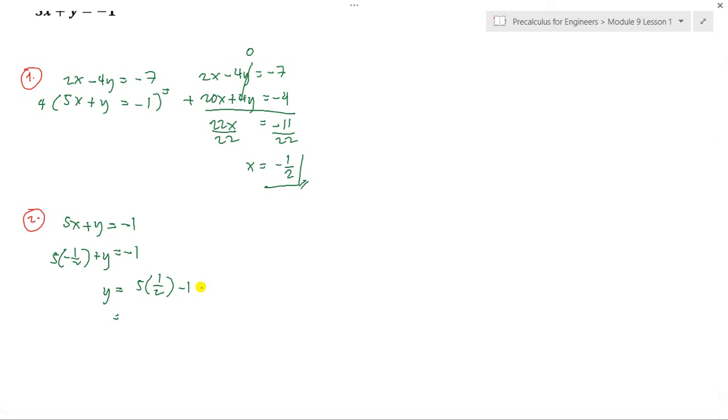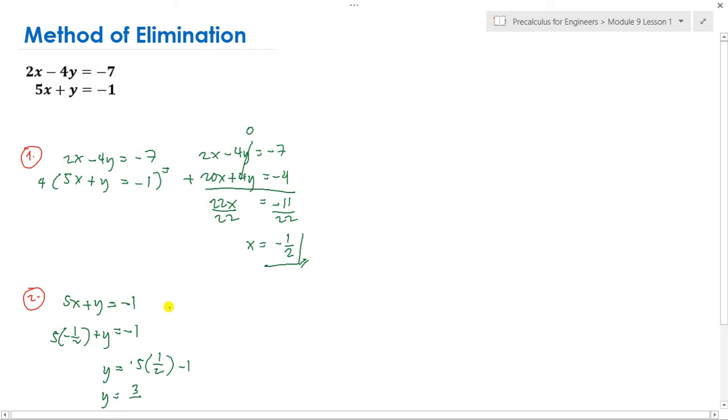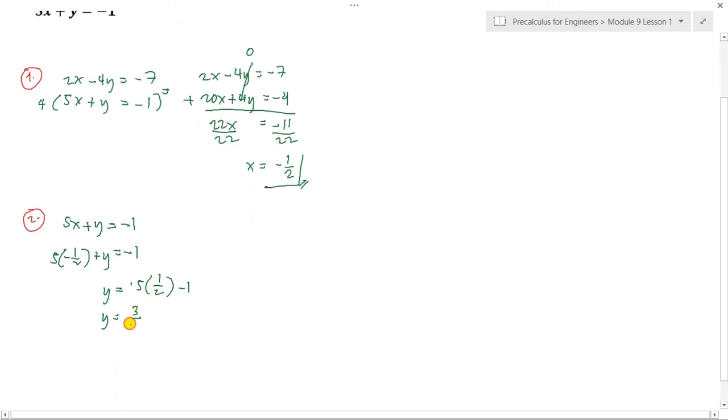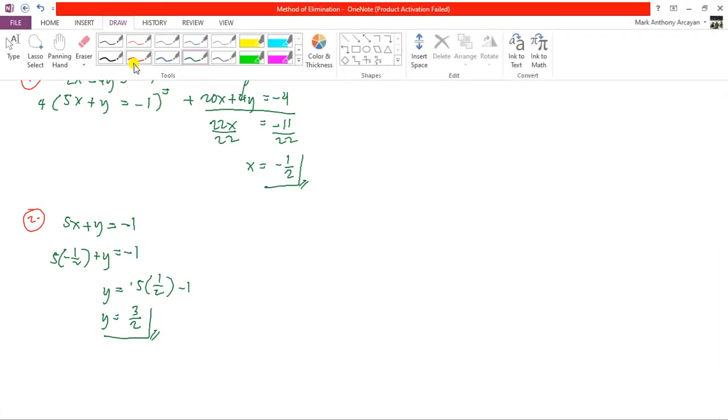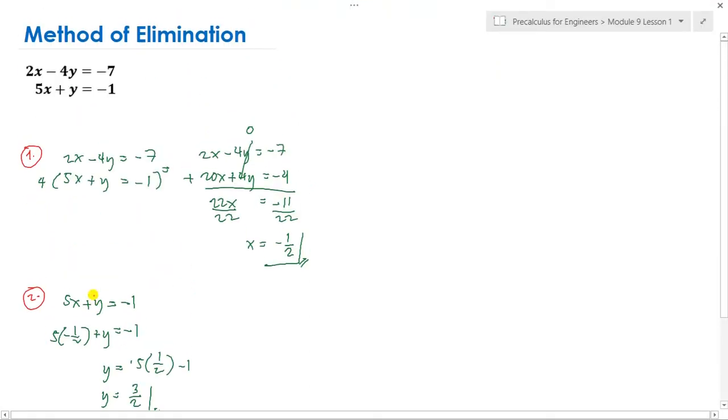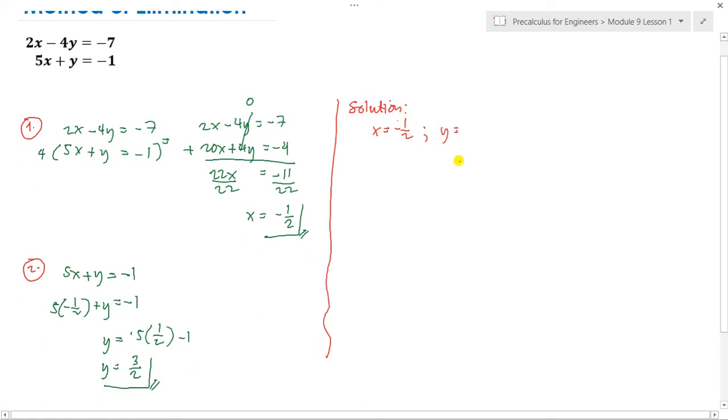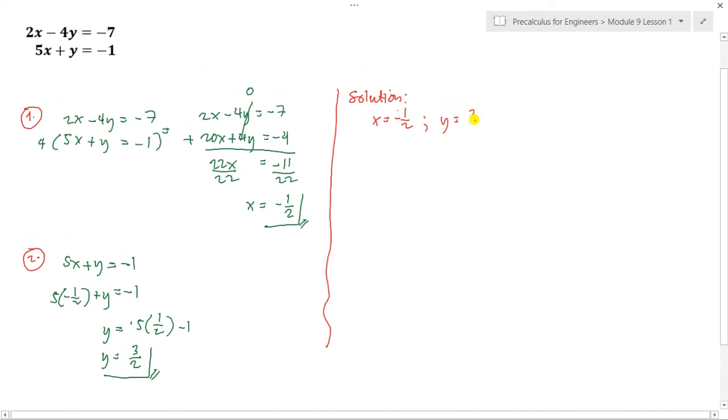The answer is 3 halves. So y is equal to 3 halves. So we have a solution: x equals negative 1 half, and y equals 3 halves.